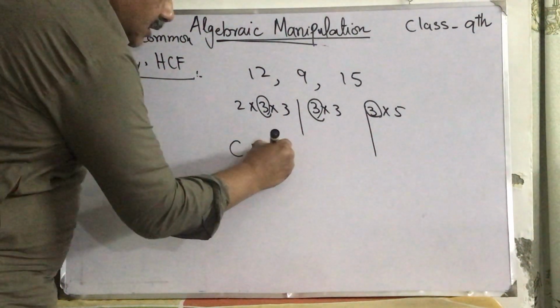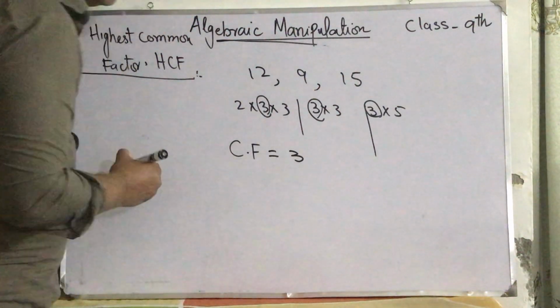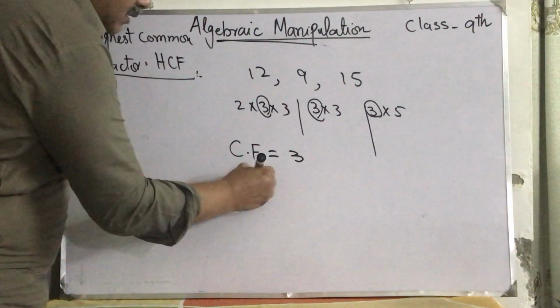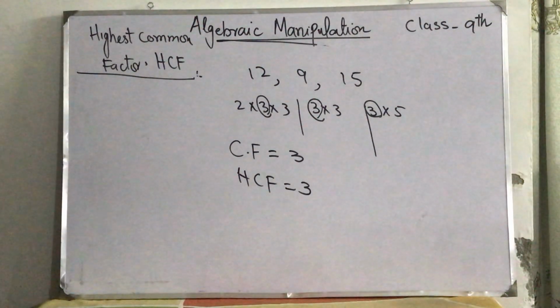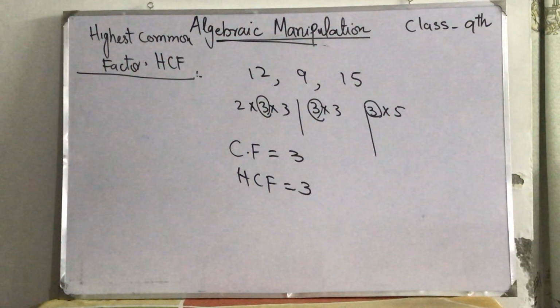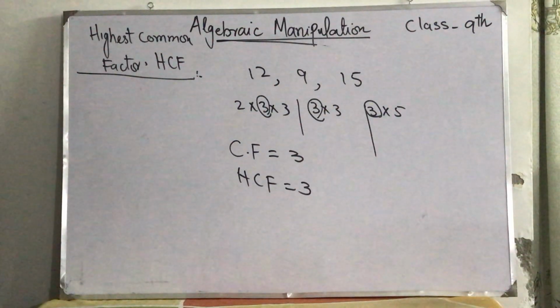So our common factor is 3, and that is our HCF. This is what we do with numbers.